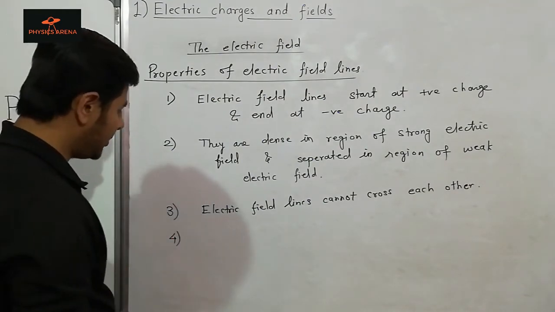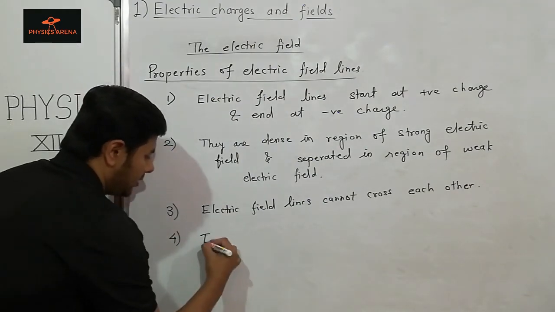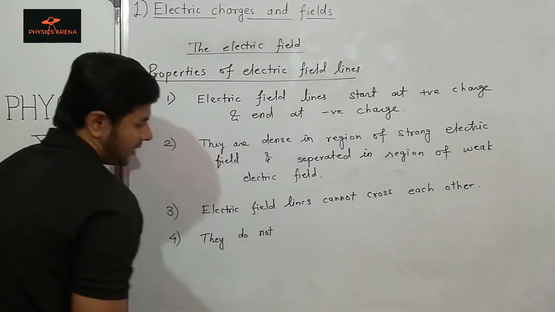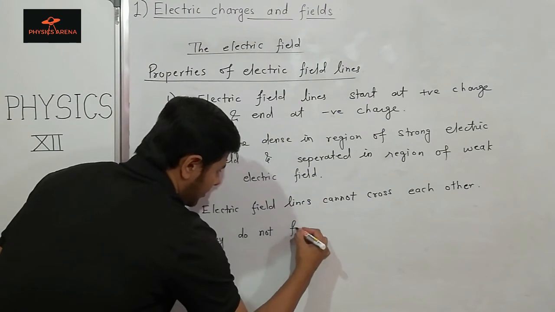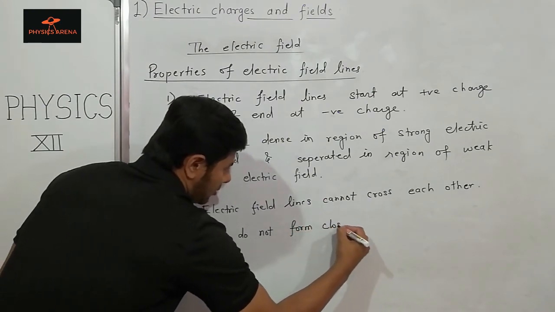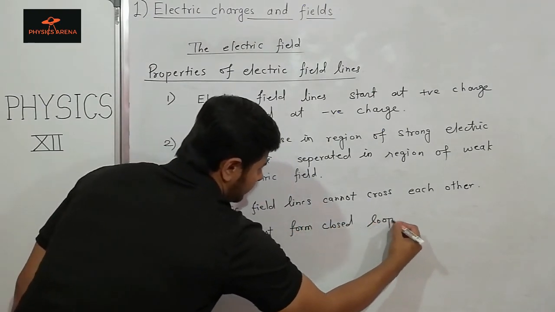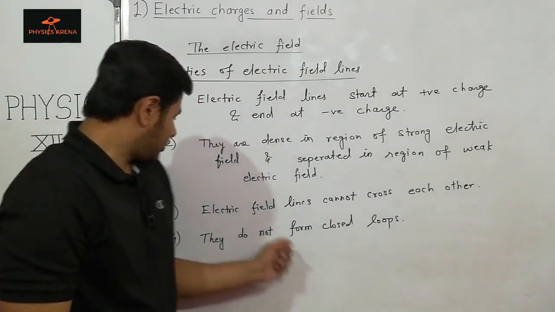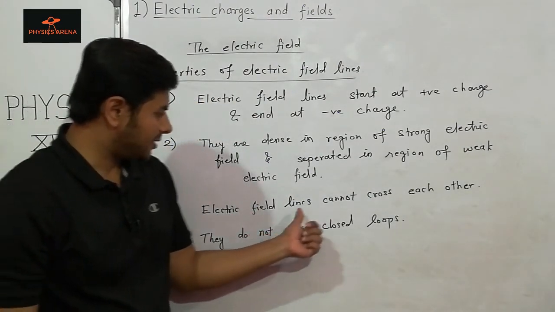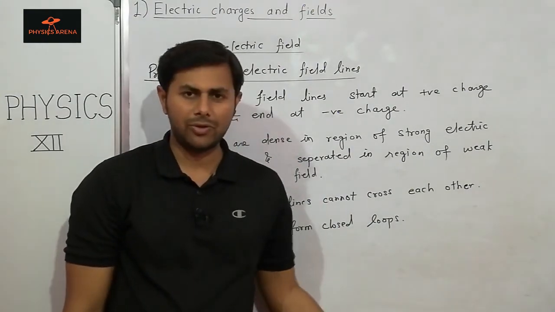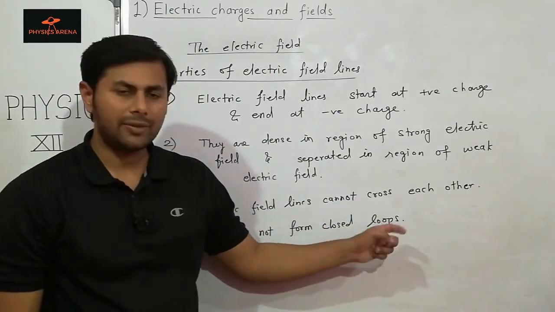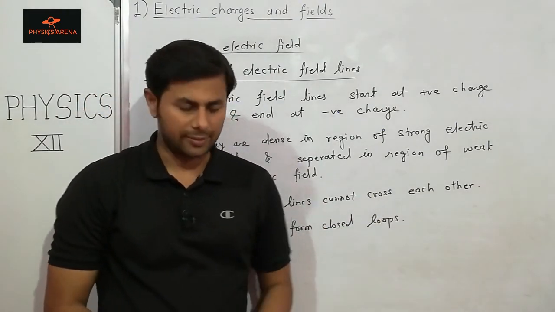Then the fourth property is they cannot form closed loops. Okay. So the third property says that electric field lines cannot cross each other. So now we should think why electric field lines cannot cross each other.